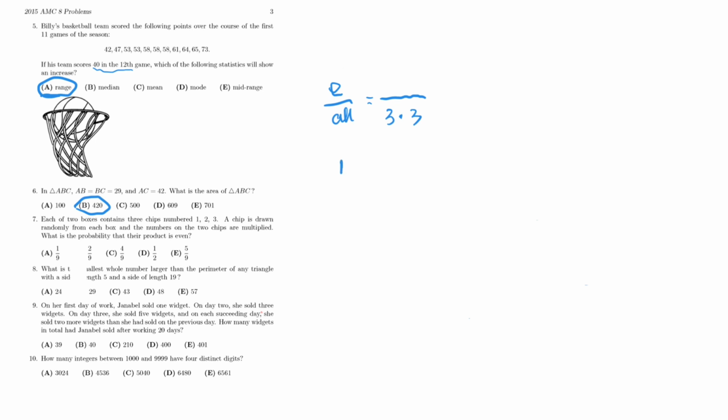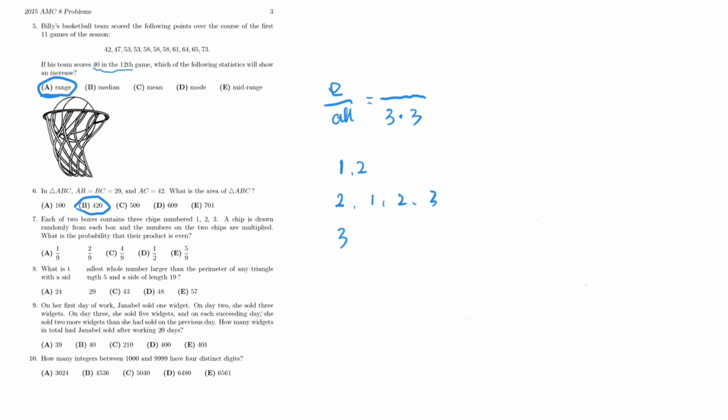What makes the product even? If the first number is 1, only the second being 2 works. If the first chip shows 2, the second chip can be 1, 2, or 3, and the product is always even, so that's 3 cases.